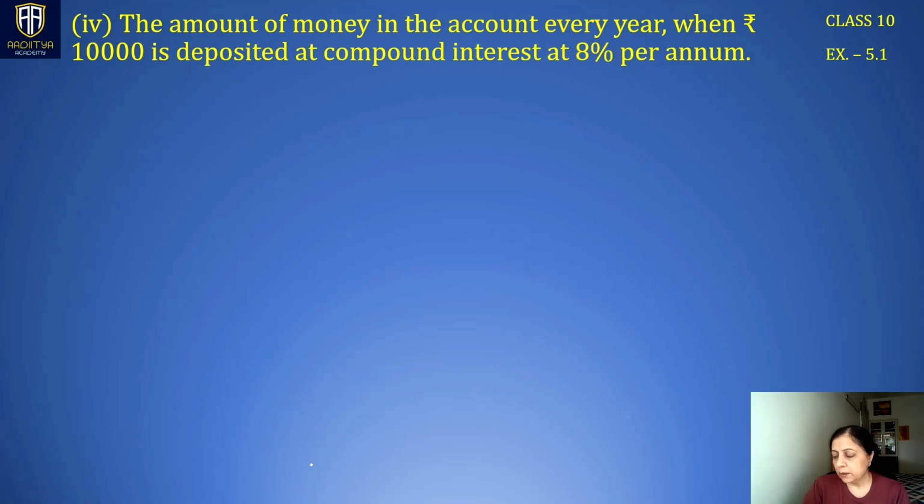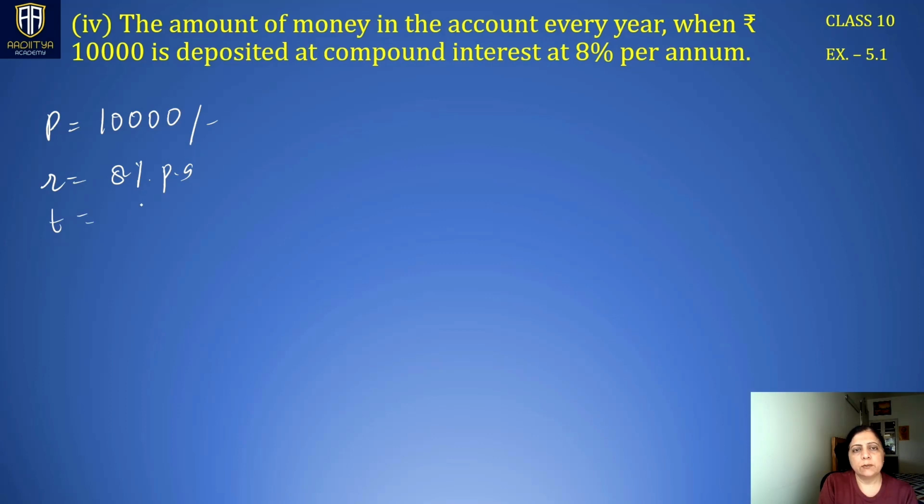Next is the amount of money in the account every year when rupees 10,000 is deposited at compound interest at 8% per annum. So when we learned compound interest in class 8, we learned that if we are depositing rupees 10,000 in the beginning, after 1 year, the rate of interest here is 8% per annum.